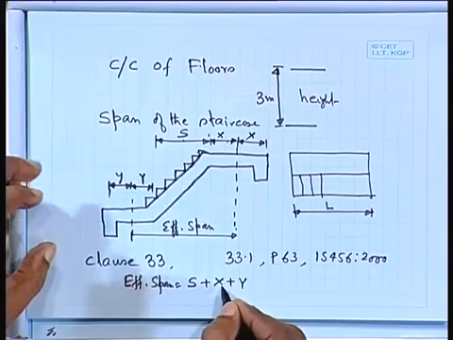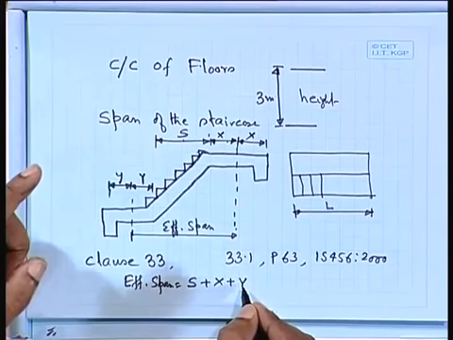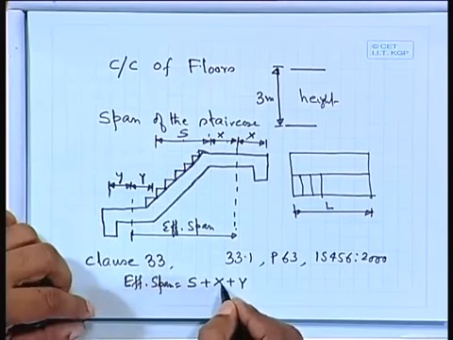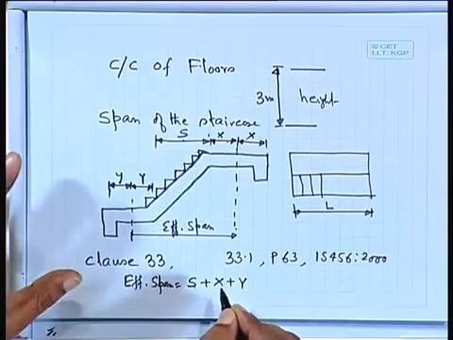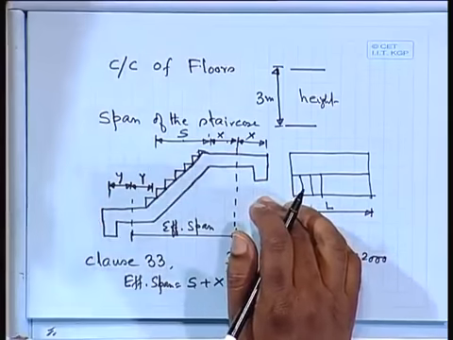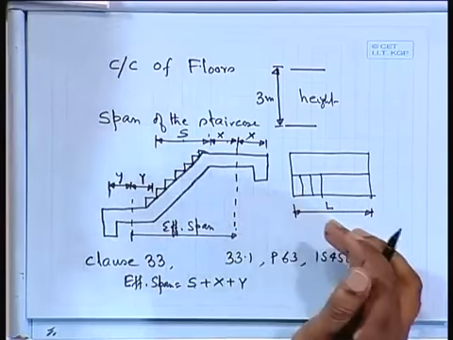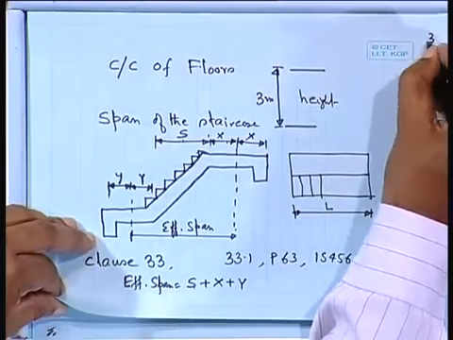But if it is 1.2 meter, then you take it as 1 meter. Similarly for y also. So it should not be more than s plus 2. Okay, so now I know what our effective span should be. If I know the effective span, now I have to calculate your load.